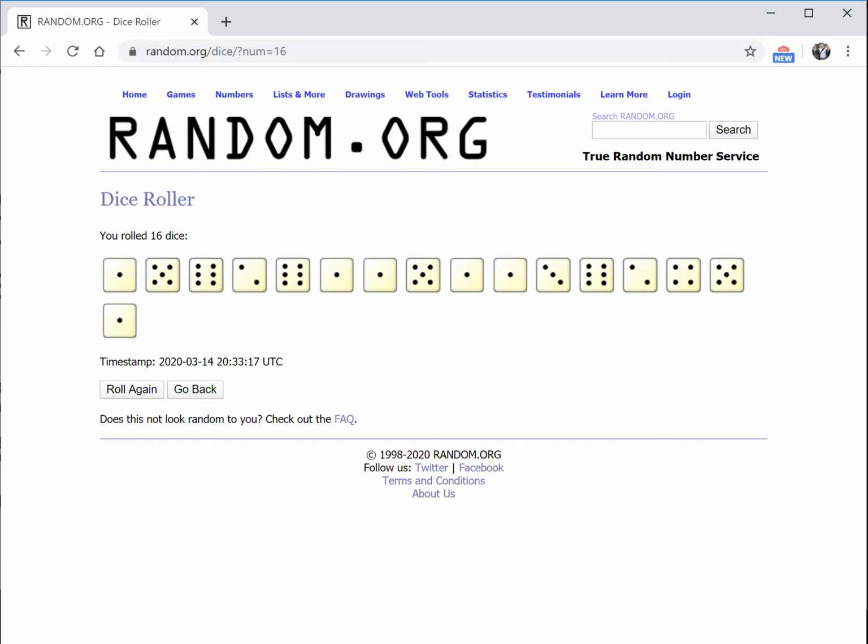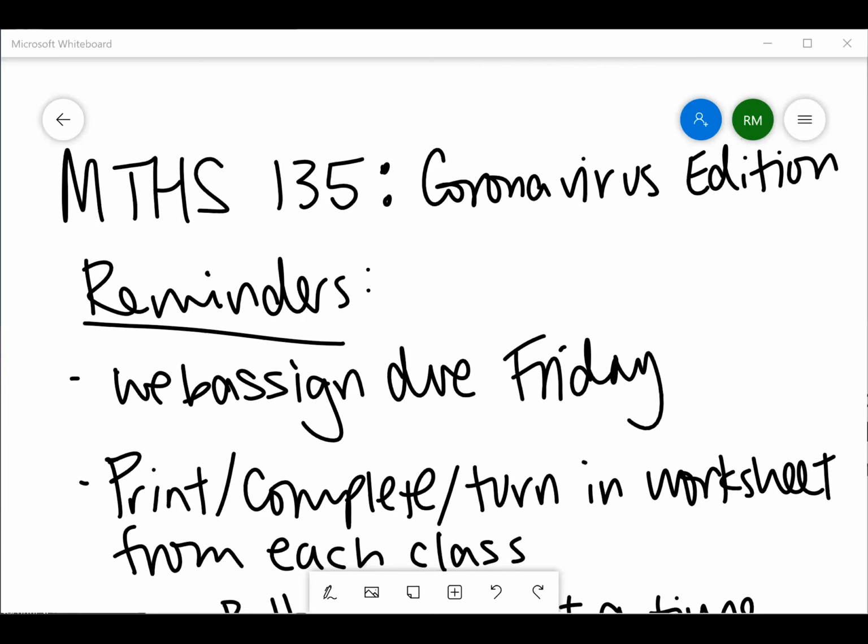That's pretty varied. So let's go and graph this with a histogram. All right, so here we go.